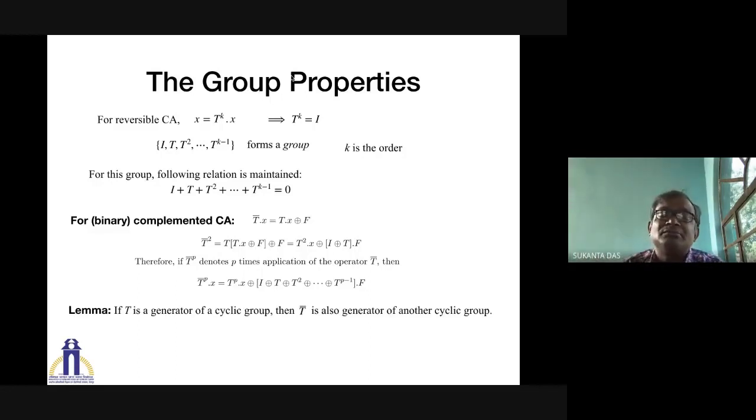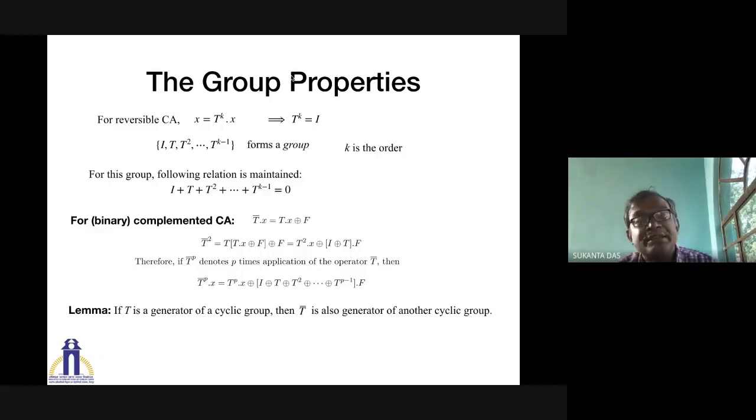It's an interesting lemma. This lemma says that if T is the characteristic matrix of a linear CA, if T is the generator of a cyclic group, that means T is a reversible CA, then T bar is also the generator of another cyclic group.